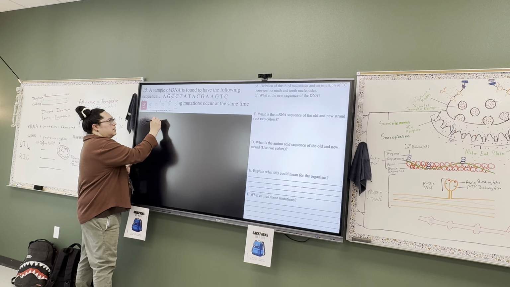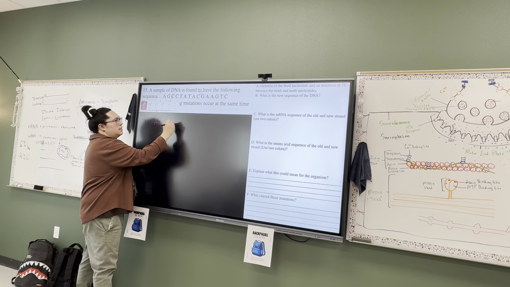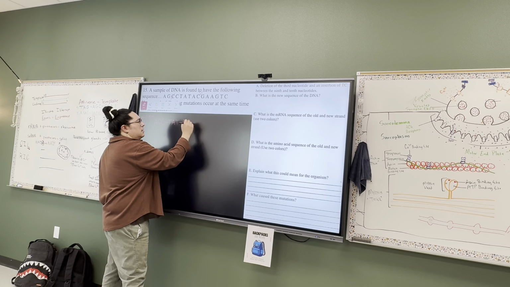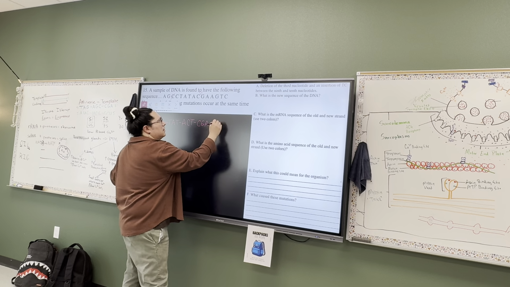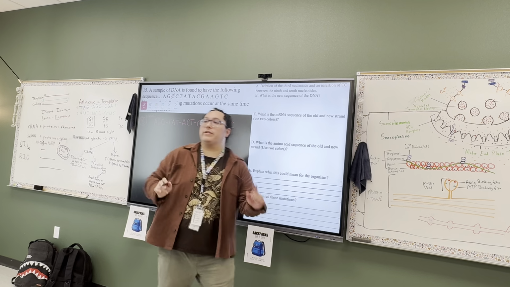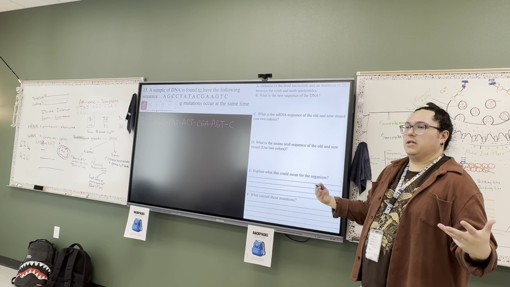A, G, C, T, T, A, A, T, T, A, A, C, C, T, T, C, C, G, A, A, A, G, T, C. Perfect. And you notice I already started putting in spaces in between, because we're gonna convert it anyways, okay?